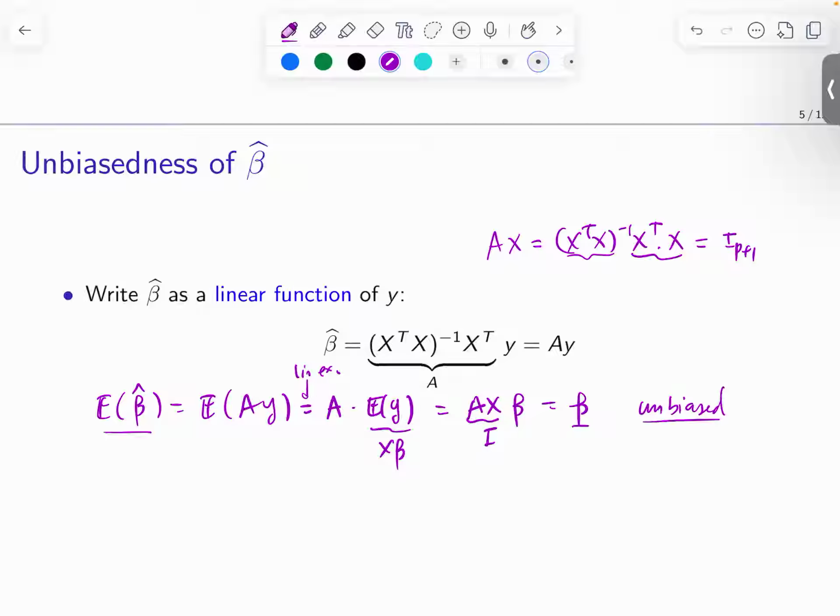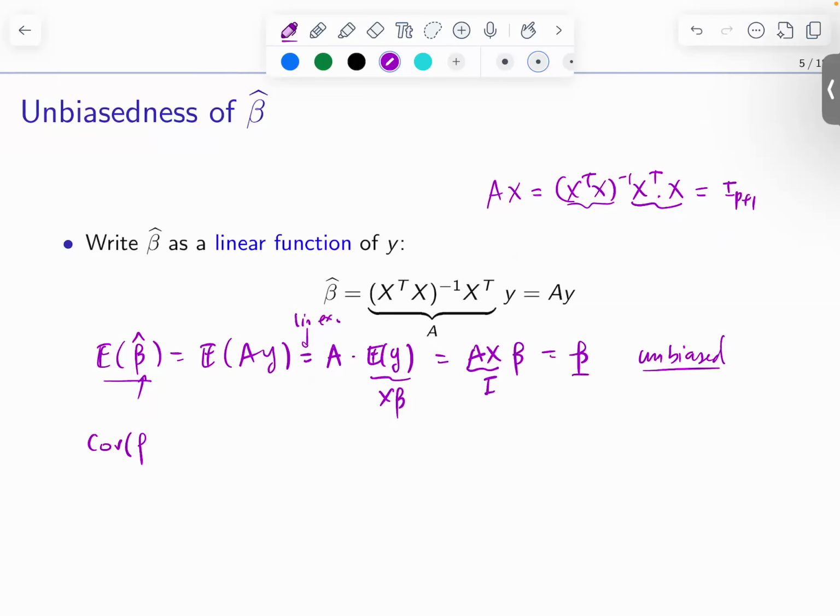You have to run it many, many times and then take the average of all of them. Empirically, it would be close to beta. But in a single run, beta hat is just going to be a particular vector. So this happens in our mind at the level of probability, or the abstraction that probability gives. I hope this is clear.